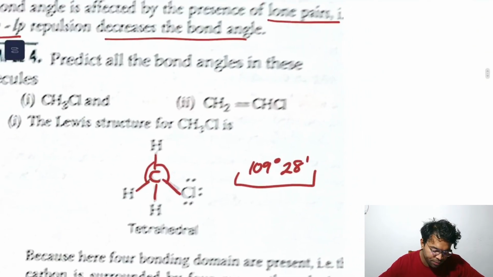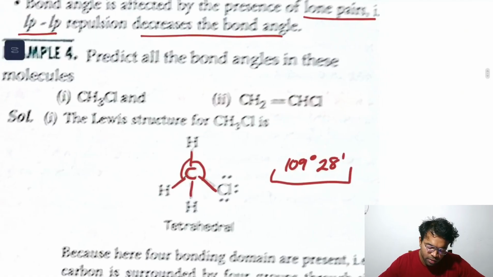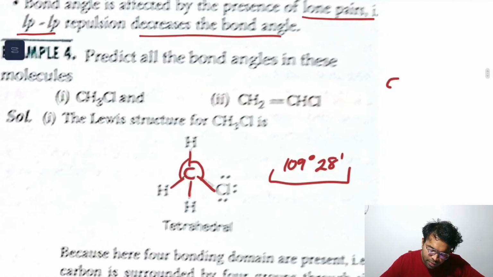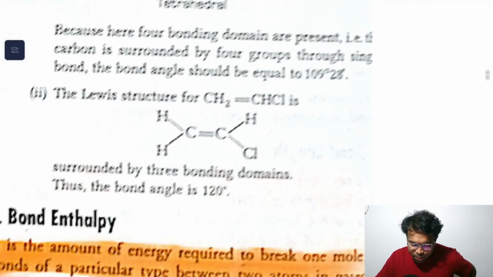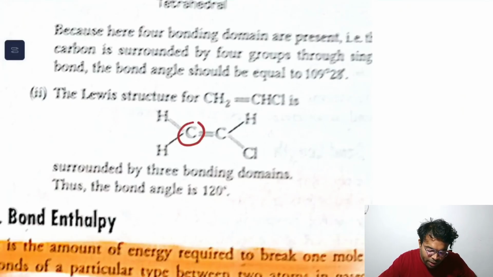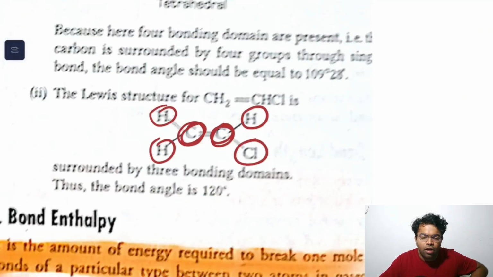What about the next one? Predict all the bond angles in the molecule CH2=CHCl. The Lewis structure for CH2=CHCl is this. Now, basically, carbon is surrounded by three different types of atoms, right? This carbon is surrounded by two hydrogens and one carbon. This carbon is surrounded by one carbon, one hydrogen, and one chlorine.